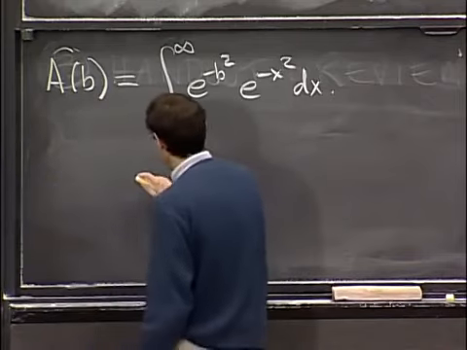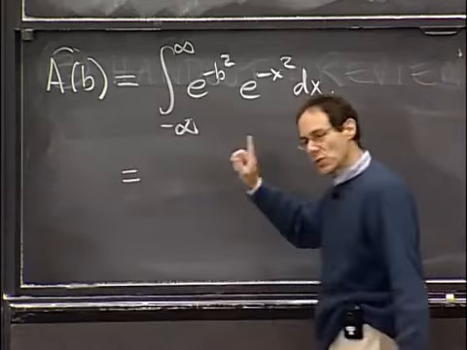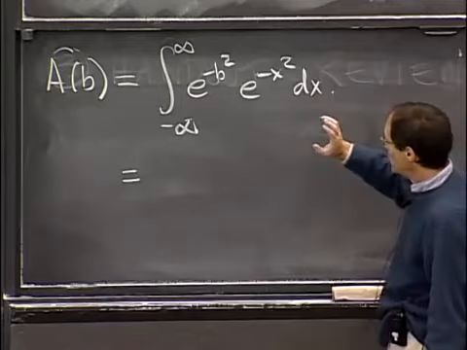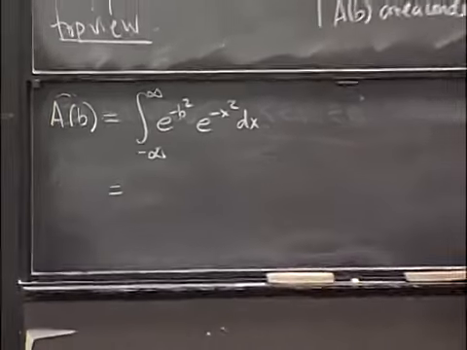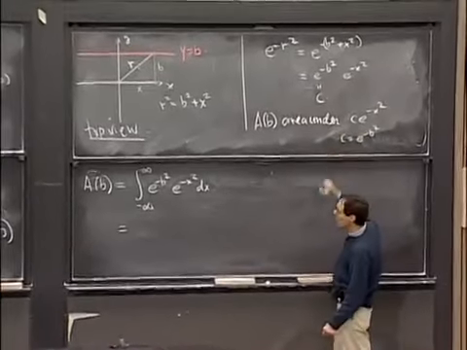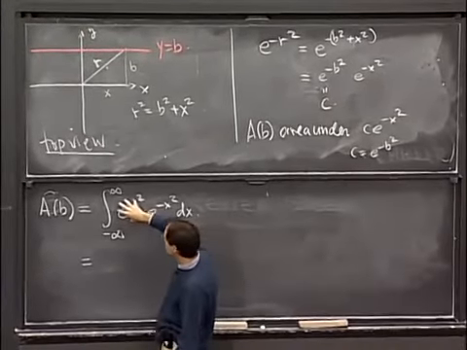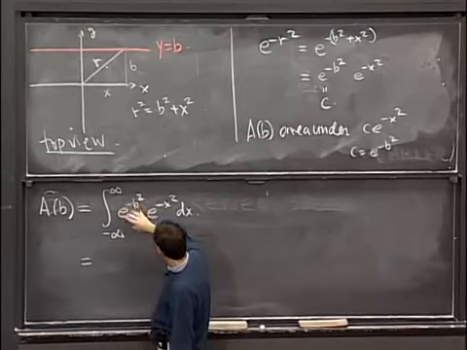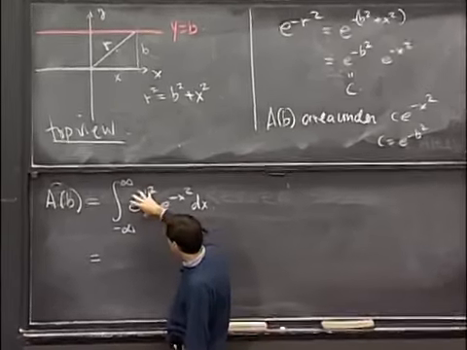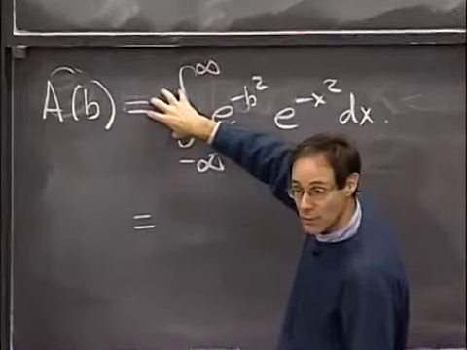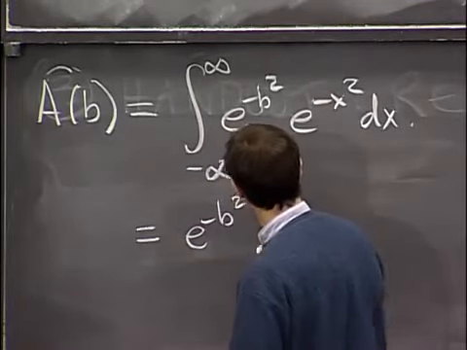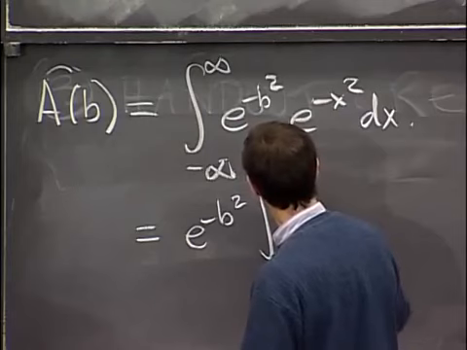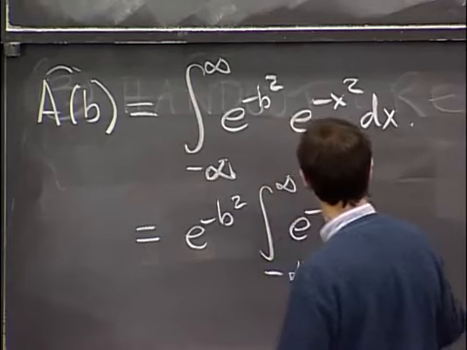And now, so we have a lot of steps here, but each of them is very elementary. The first one was just the law of exponents, that we could split the two into products. Now I'm going to make that splitting even further. This is a constant. It's not varying with x. So I'm going to factor it out of the integral. This is e to the minus b squared times the integral from minus infinity to infinity of e to the minus x squared dx.